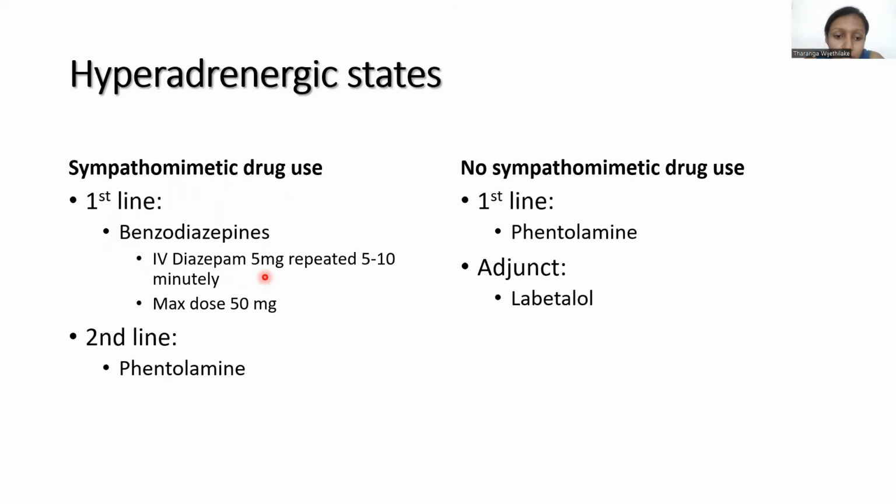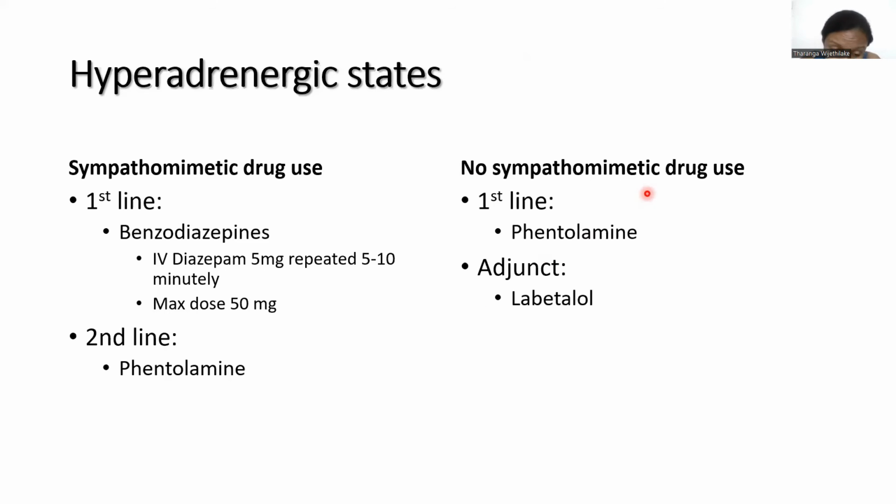So you could go for 5 milligrams IV diazepam, repeated every 5 to 10 minutes to a maximum dose of 50 milligrams. Again, better not to manage these patients in small peripheral units; better to send them to bigger hospitals or central hospitals because they can have devastating or very significant organ involvement and clinical deterioration.